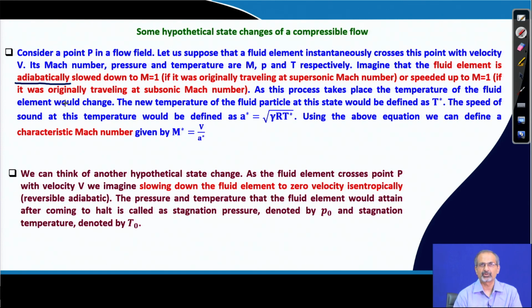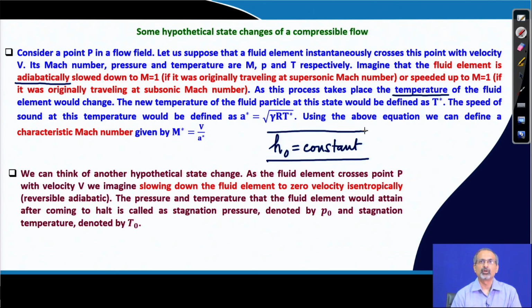Now, as this process takes place, the temperature of the fluid would change. Why would it change? Because you know that the stagnation enthalpy is constant for a one dimensional flow through a control volume. Remember that the one dimensional control volume we used for a normal shock applies to any other finite change as well; it really does not matter.